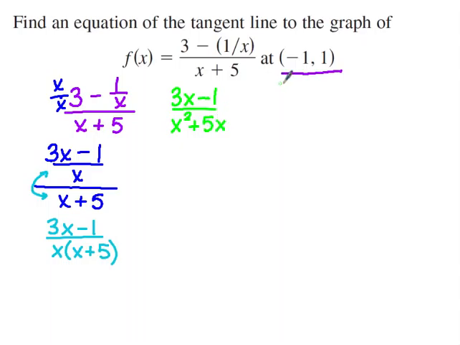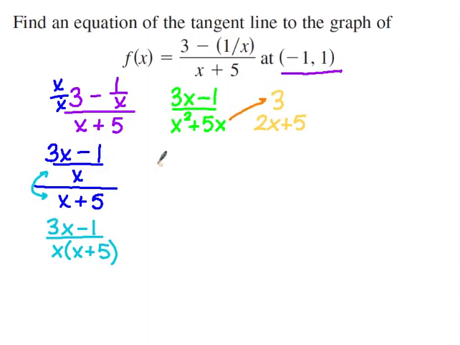So now I need to find the derivative so that I can find the slope. To find the derivative of this, I get to use the quotient rule. The derivative of 3x is 3. What's the derivative of x squared plus 5x? 2x plus 5. So I start with what term? Low.